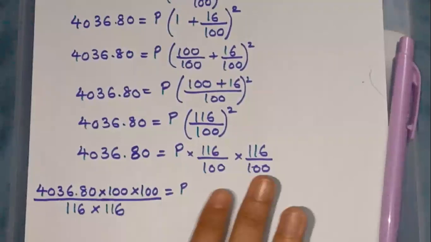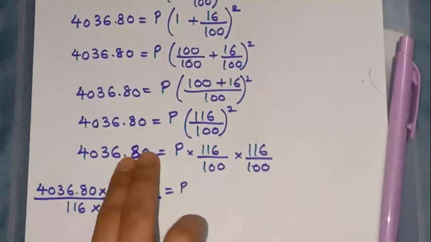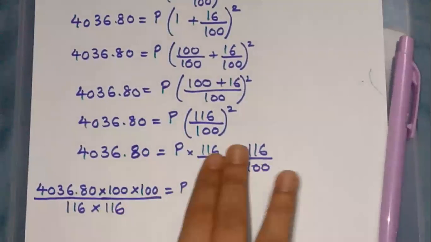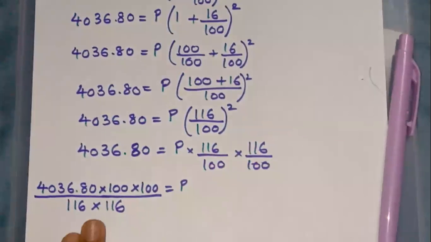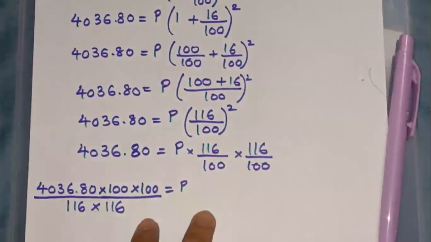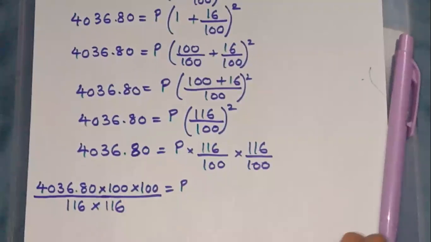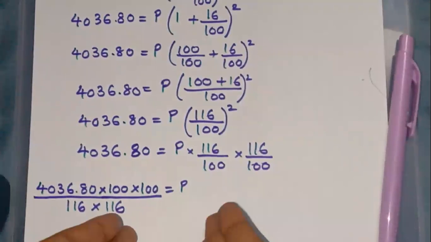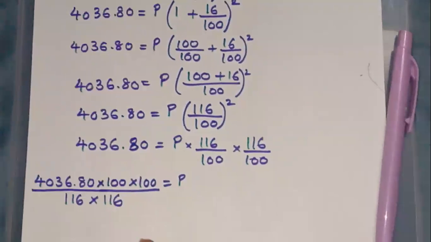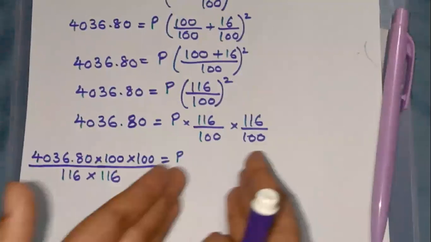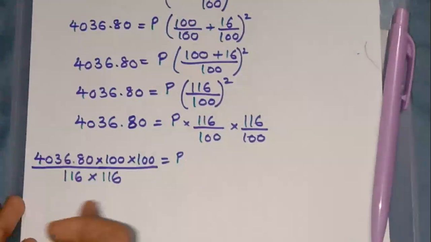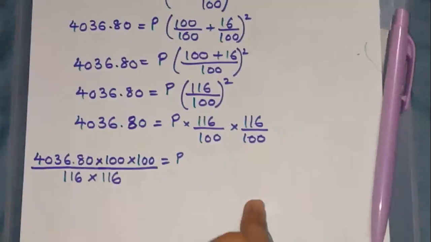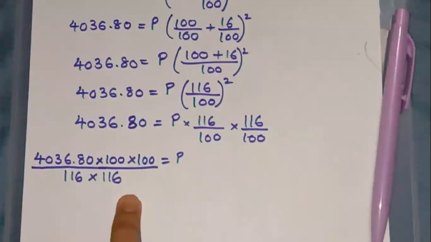So girls, hundreds shifted to the numerator of the left hand side and the numerator of my right hand side shifted to the denominator of my left hand side. Now this entire thing has shifted, but I know that I should keep my P on my left hand side. So I'm just going to flip it.